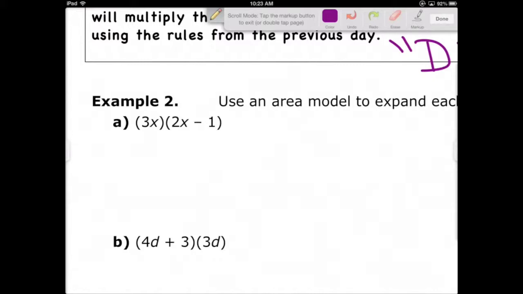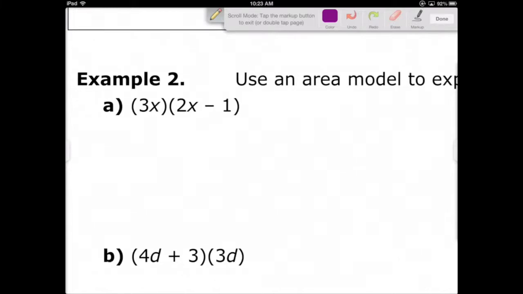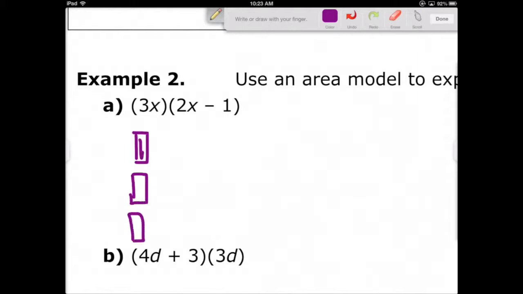I have to zoom in a little more. And the area model would say, let's say you have 3 x's. I'll do my best to fit them all in. There we go. They're positive, so we'll colorize them. And you've got 2 of these x's. So our 3x is accounted for here.